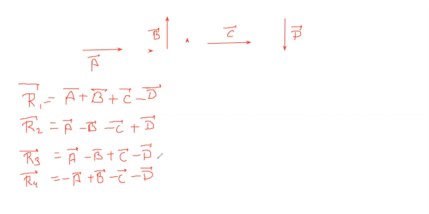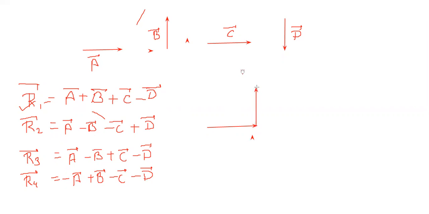Now if we want to calculate R1, how do we add or subtract these multiple vectors? First of all, for drawing R1 vector, we need to specify the first vector. First vector is A. Now plus B: the tail of B is joined with the head of A. This is B vector.